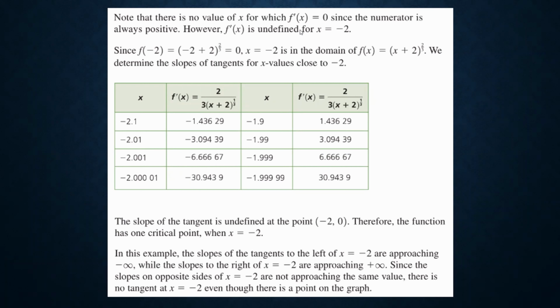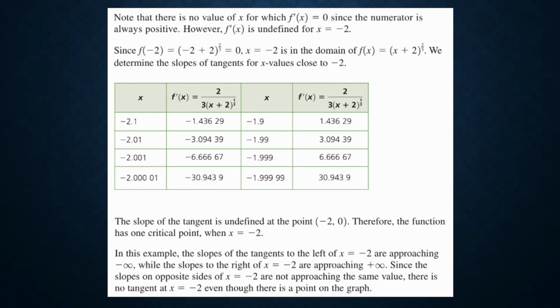So note that there is no value of x for the derivative we just found where the derivative equals 0, since the numerator is always positive. However, f prime of x is undefined for x equals -2, since the initial function at -2 equals 0 and x equals -2 is in the domain of the function. The initial function is defined for this value of x.